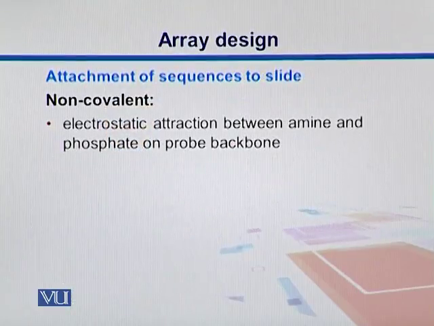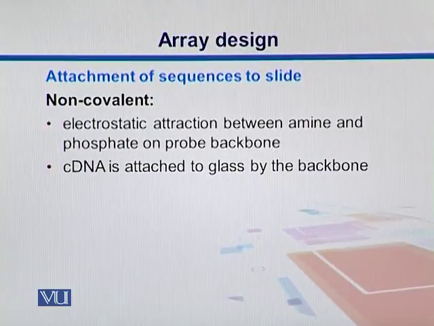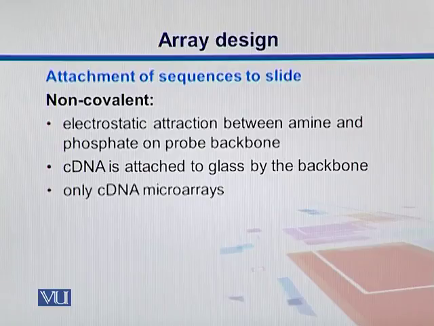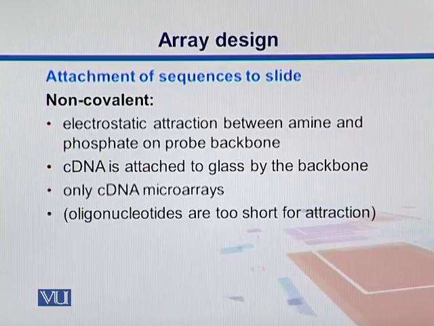In non-covalent attachment, we can have electrostatic attraction between amine and phosphate on the probe's backbone. A cDNA is attached to the glass by the backbone, and this happens only in cDNA microarrays. Oligonucleotides are too short for this kind of interaction, so if you want to use a backbone, you must have a large or a long backbone.